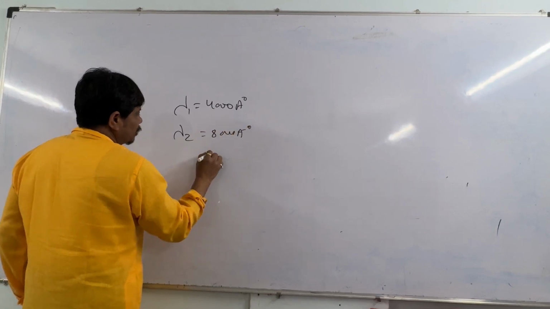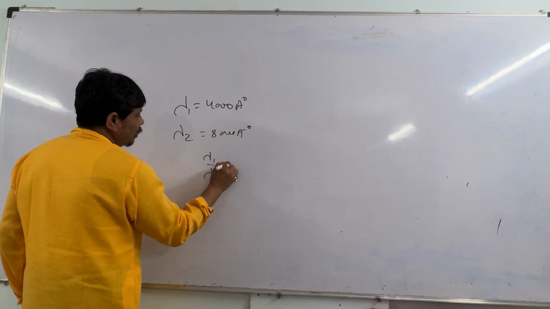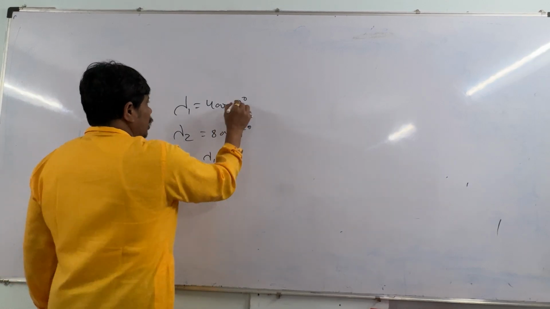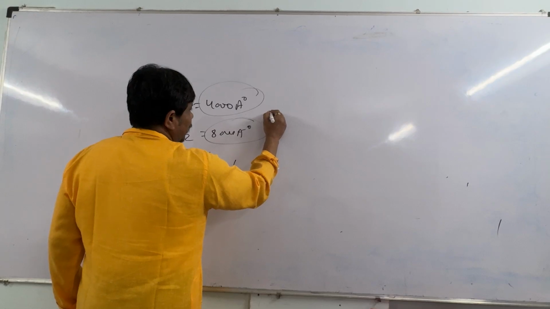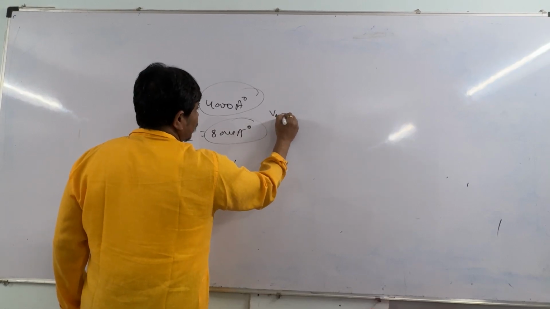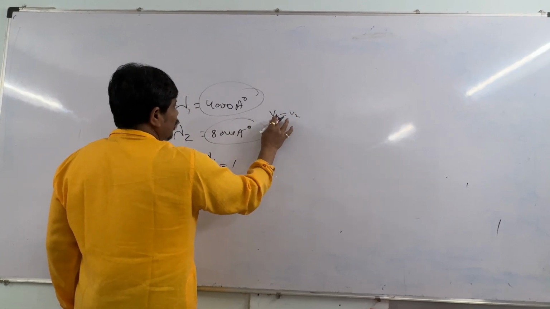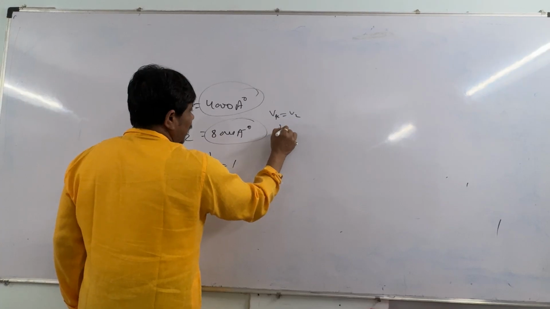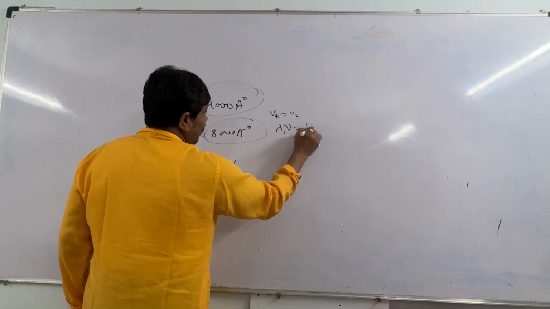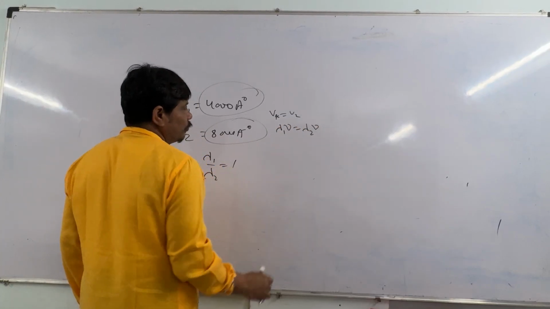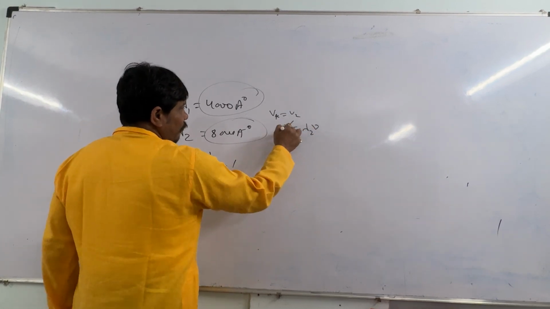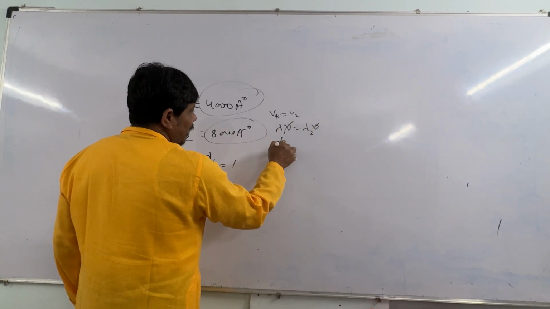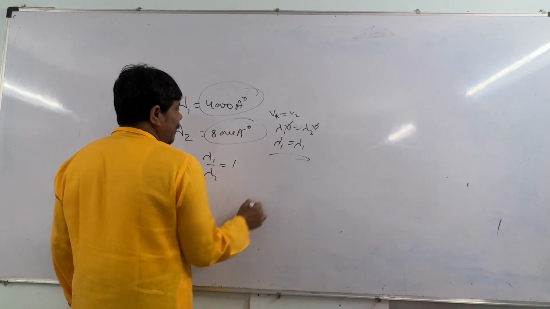The ratio is lambda 1 upon lambda 2, because in air or vacuum the velocity is the same. V1 is equal to V2. V is equal to n lambda, where n is the frequency. Frequency is the same, so frequency will be cancelled out.